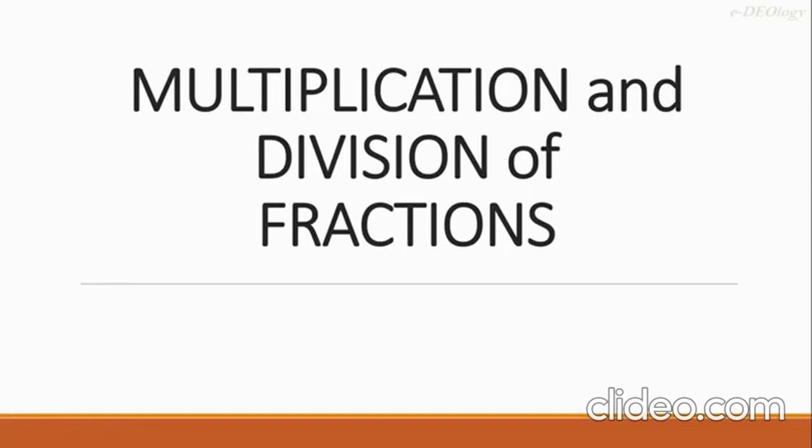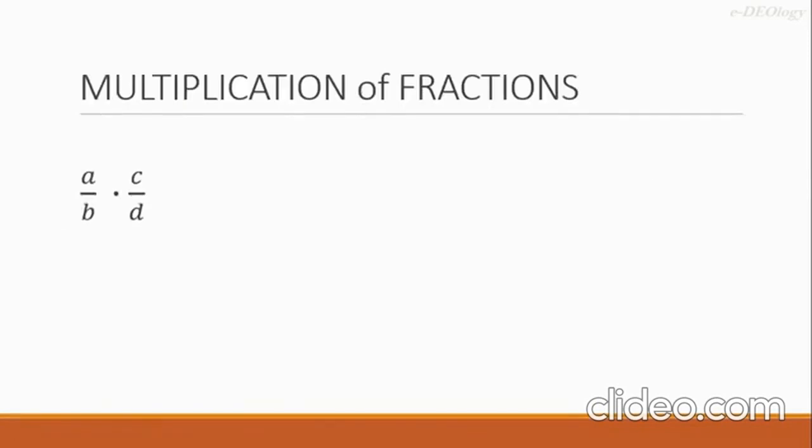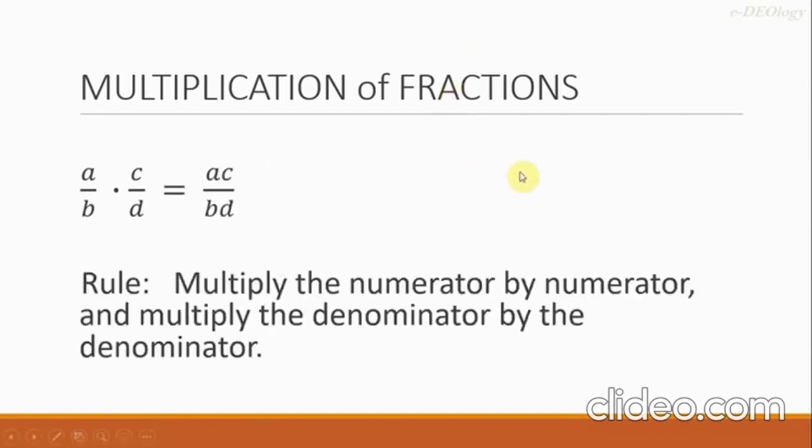Hi everyone, today we're going to study multiplication and division of fractions. Let's begin with multiplication of fractions. Given these two fractions here, a over b times c over d, the rule says we multiply the numerator by numerator and multiply the denominator by denominator.